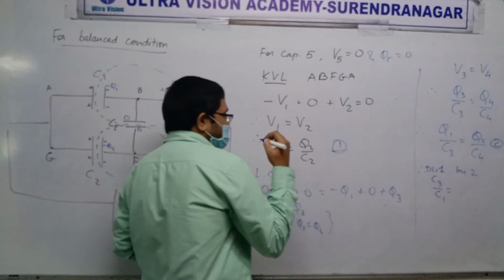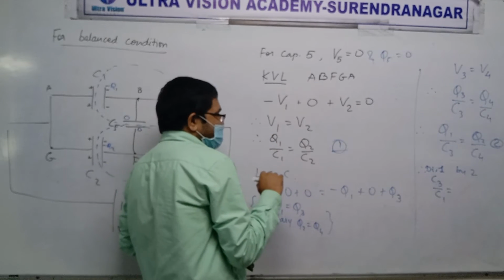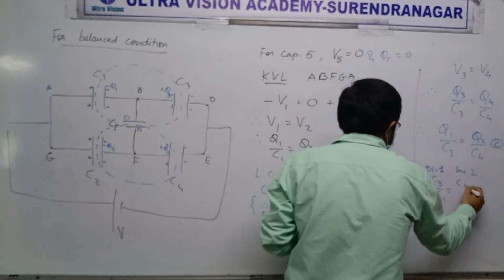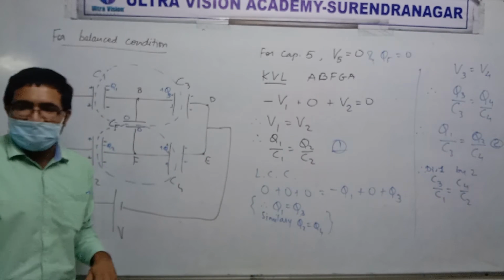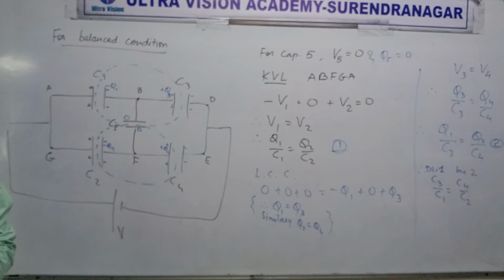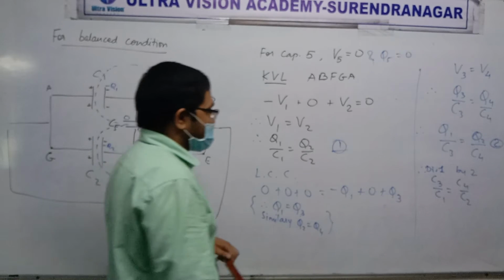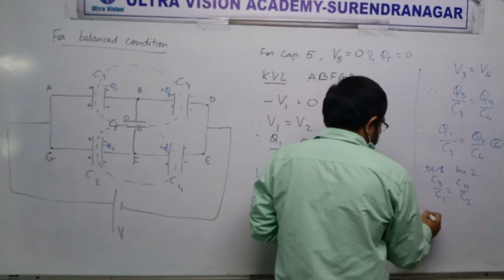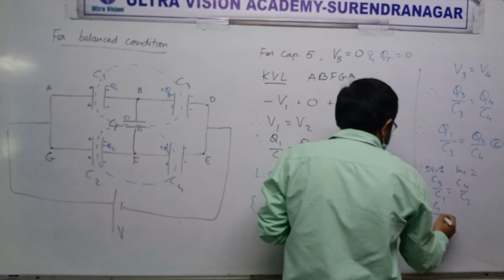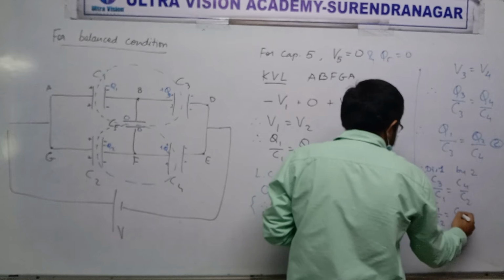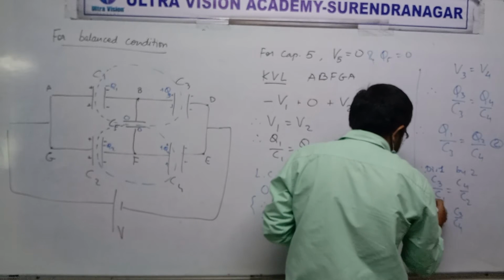Yes or no? The right hand also C4 upon C2. Okay. Alright? Sure. Now if we rearrange it, what do we get? C1 upon C2 is equal to C3 upon C4. That proves it.